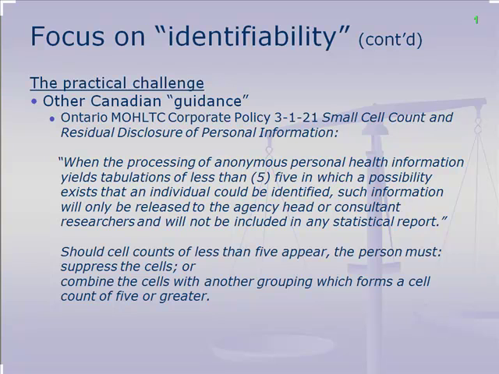By under-inclusive, I mean that there may be situations where the cell count is greater than 5. Say it's a very, very rare disease that has been publicized, and only 7 people in Canada or in the province of Ontario have that disease.